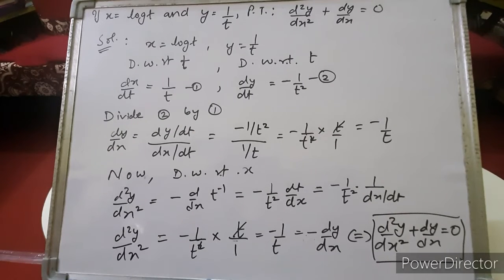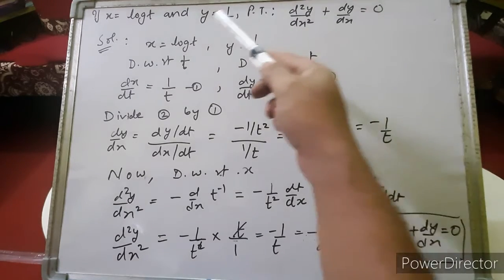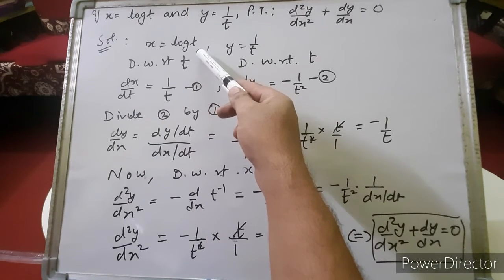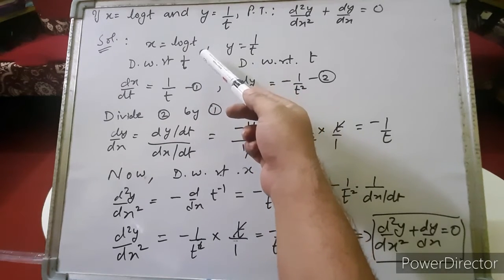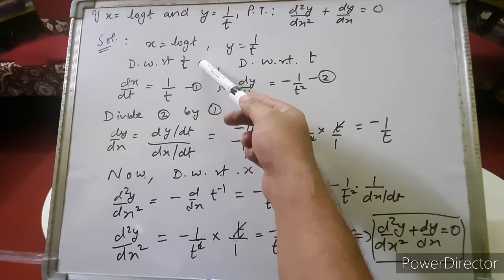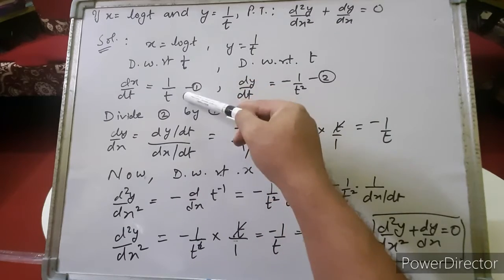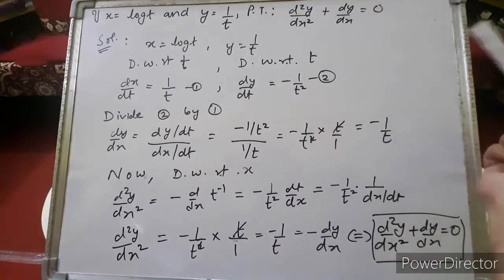Now, how do we calculate the value of dy by dx? When we studied parametric functions, we have seen that we differentiate x and y explicitly in terms of that parameter. So we are going to differentiate x with respect to t. Differentiating with respect to t, we get dx upon dt, the derivative of log t, which is 1 upon t, right children?